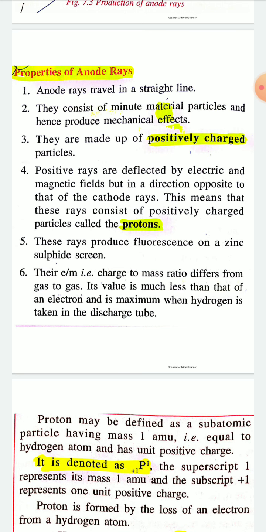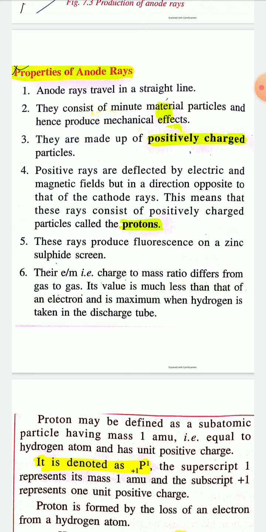and the charge to mass ratio, that is e by m ratio, is the same for all gases in case of cathode rays, but for anode rays the charge to mass ratio, that is e by m ratio, differs from gas to gas.